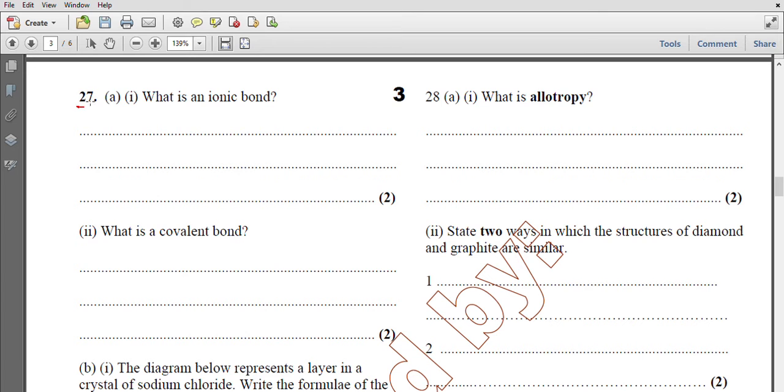In this question number 27, we have to define ionic bond. It is a very simple definition and we have to use fewer words. We say it is the force of attraction between oppositely charged ions.